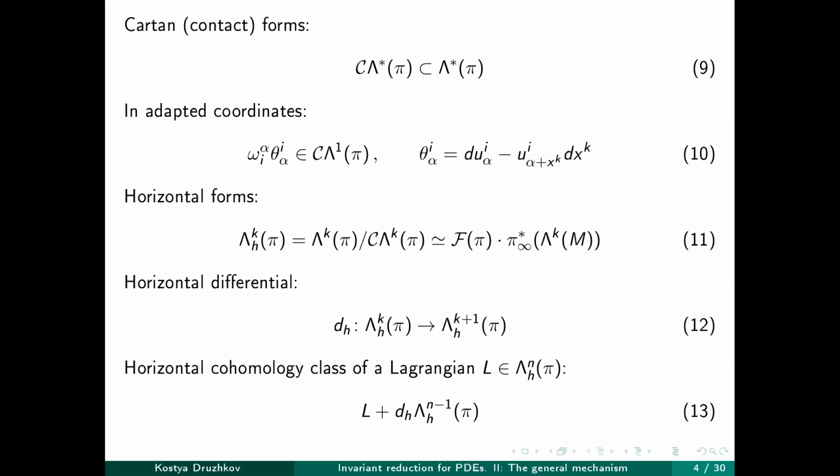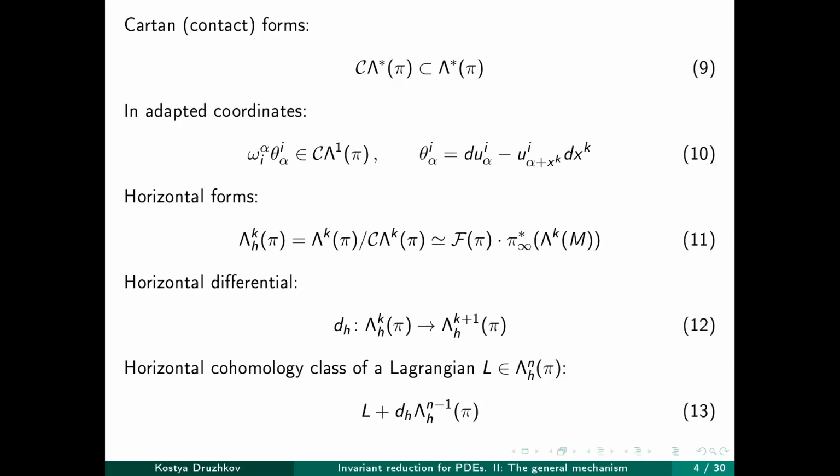Using Cartan forms, we can introduce horizontal forms, which are basically differential forms modulo Cartan forms, and we can identify horizontal forms with the module on the right-hand side. We just take forms from the base, pull them back to the infinite jets, and consider them with coefficients from the algebra of smooth functions.